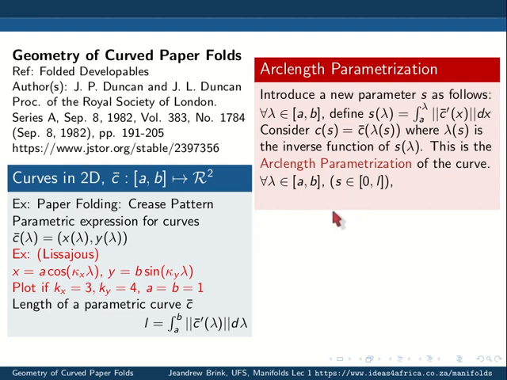And when lambda equals B, it's the integral from A to B, so that's just L. So you've changed the interval from the arbitrary parameterization you started with to something that actually reflects the length of the curve. And an important thing now is that if you work with an arc length parameterization, the norm of the derivative of C with respect to S is equal to 1.